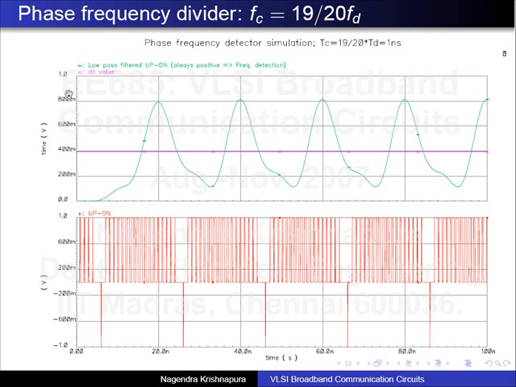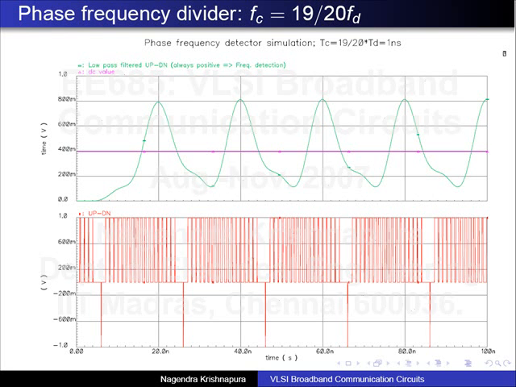So this is again a simulation. Now what I have done is, this is just a phase detector, there is no loop. The phase detector is operating with some frequency data and some other frequency clock.